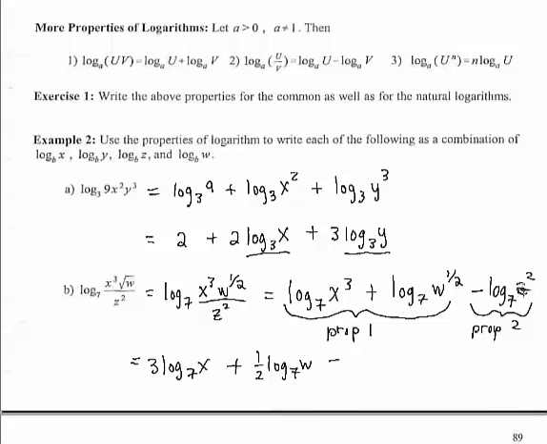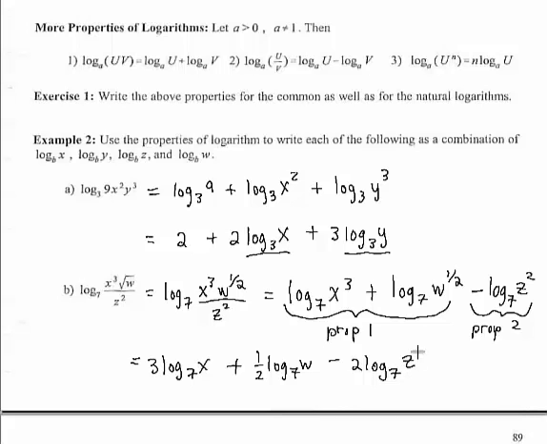And now for the z squared, we would bring the 2 to the front of the log. I keep wanting to write that 7 as a z, but the base would stay 7. So 2 times log base 7, and then with just a z.